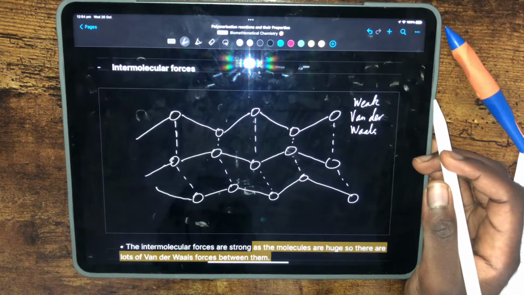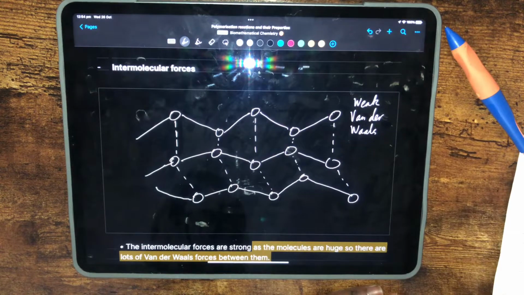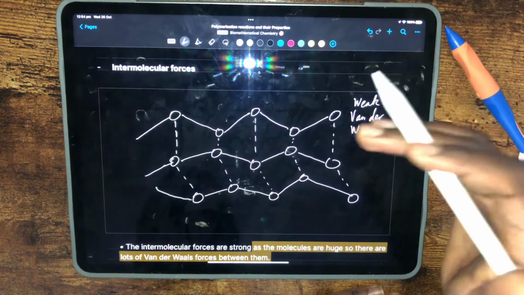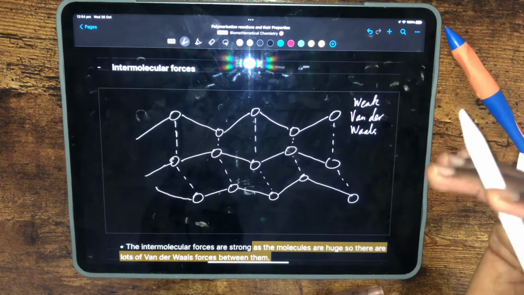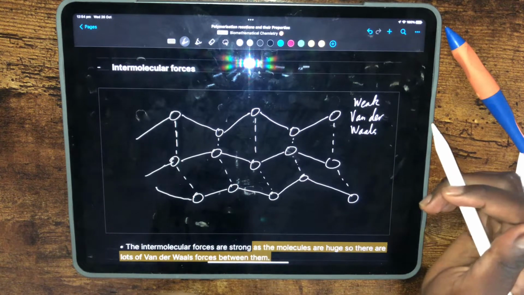But when you have unsaturated fatty acids, for example, the same principle applies, where they're not going to stack easily against each other.